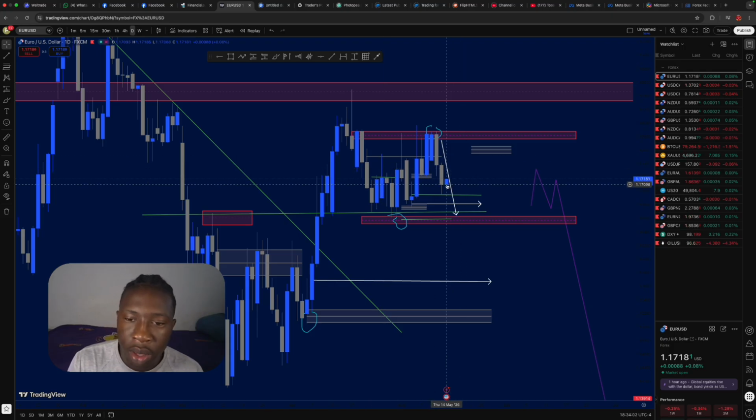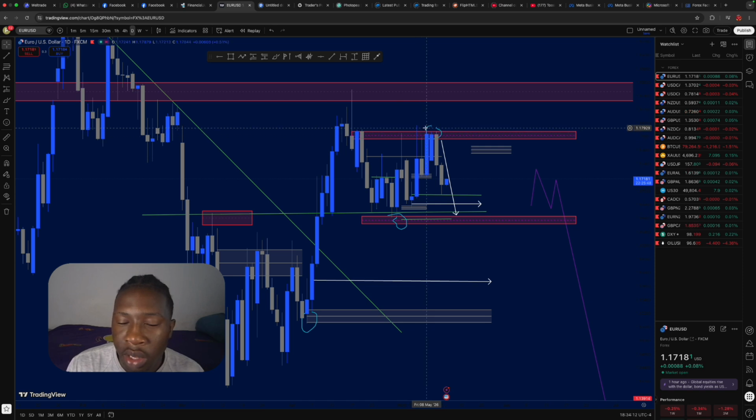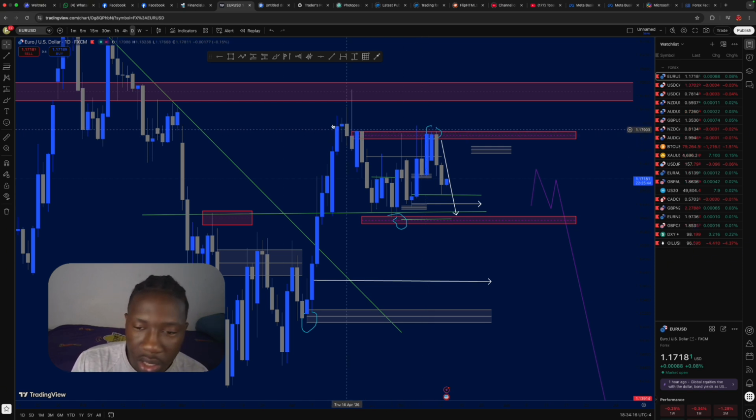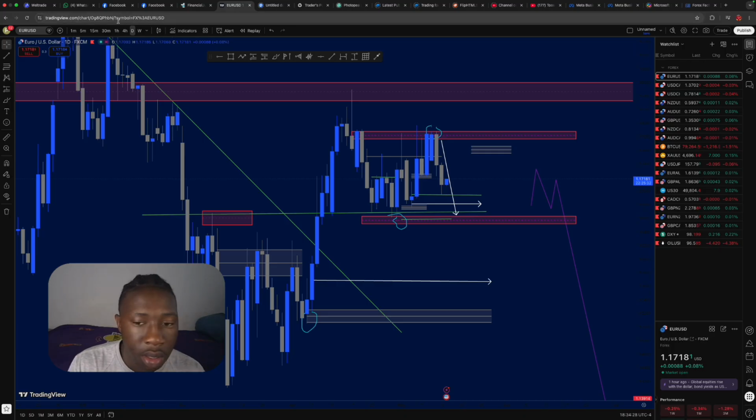It's like a pullback. The market was in this zone and then tried to move, and then it changed the direction to the upper side, and after that it came down into that zone to retest it.